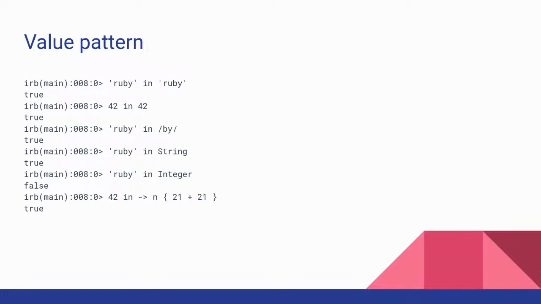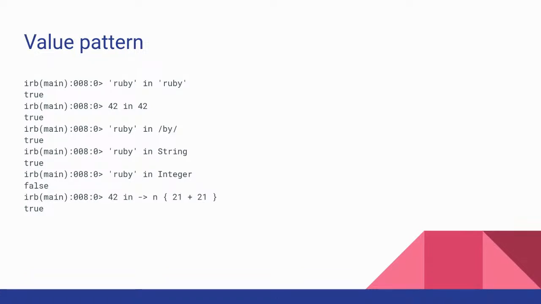As we can see in our examples here, we can try to match different values. We can check if the string Ruby matches another string Ruby. We can match different numbers, 42 with 42. We can use a regex to match a string with patterns of this text. We can also match a value with its type. We're comparing here the string Ruby and trying to find if it's a String.